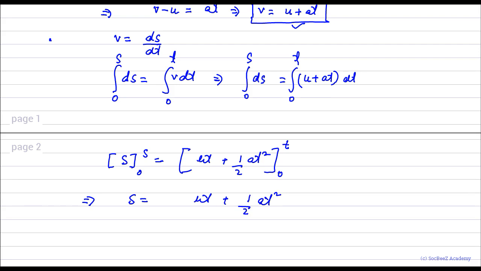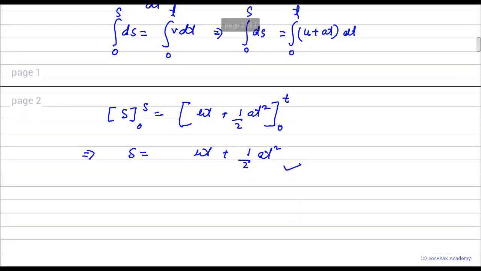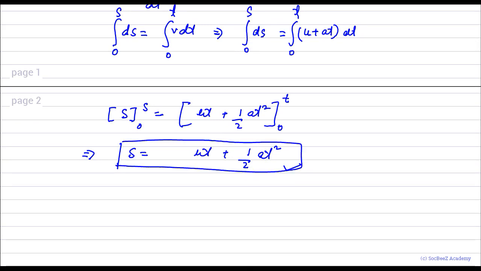Now from this particular expression, let us replace t as v minus u by a. This is basically my second equation of motion. In this expression, let us replace t by v minus u by a. So in order to find out the third equation of motion, I'll put t as v minus u by a.